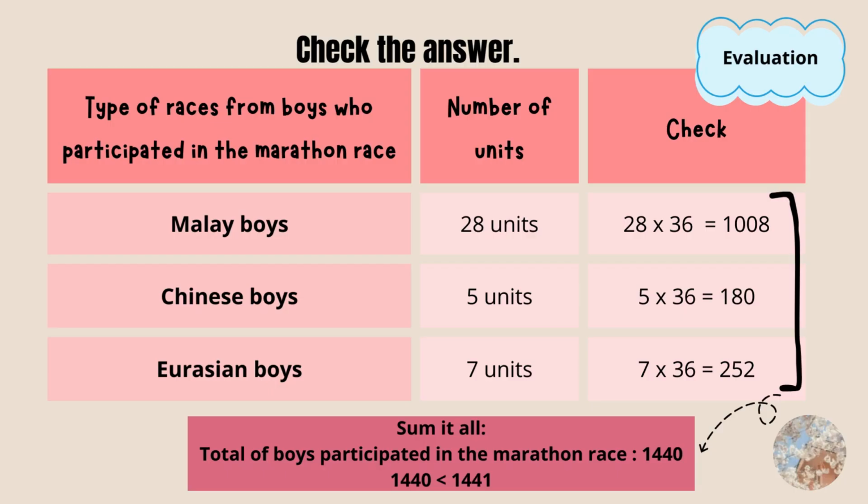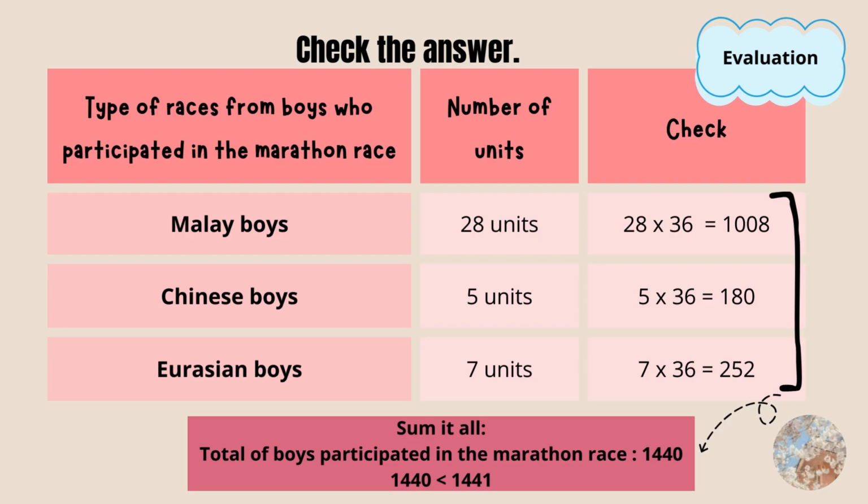Okay, for the next slide, we need to check the answer for this problem. The races of boys who participate in the marathon race are Malay boys, Chinese boys, and Eurasian boys. The number of units, 28 units, represents the Malay boys, 5 units represent the Chinese boys, and 7 units represent the Eurasian boys.